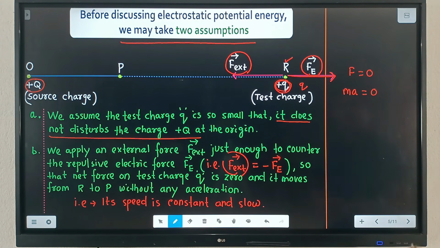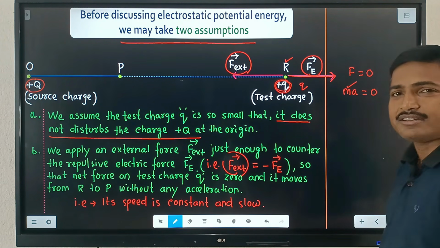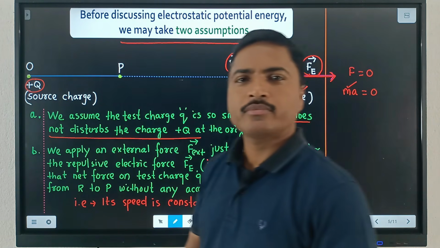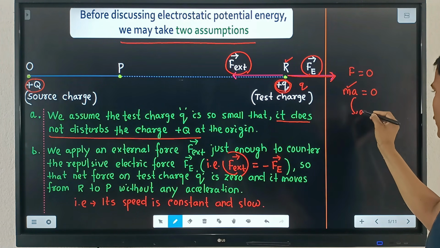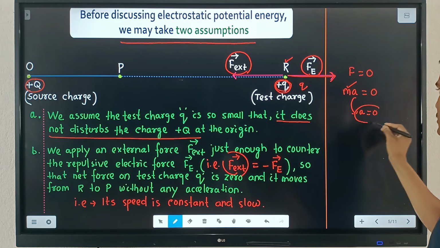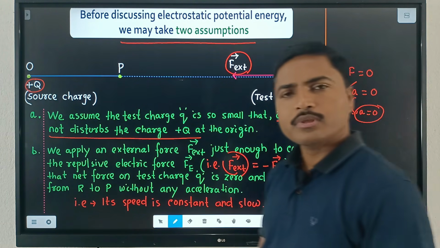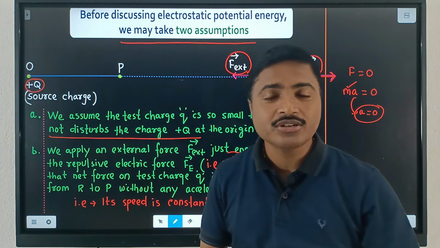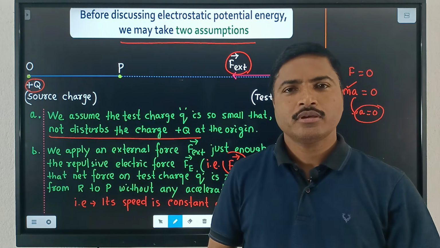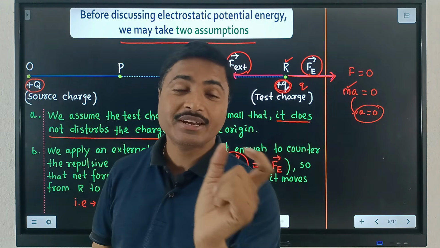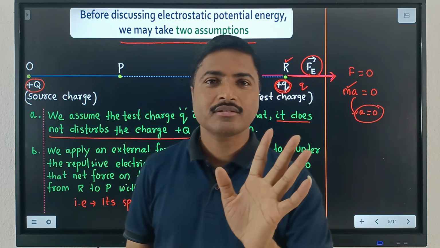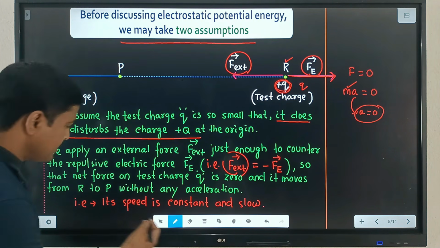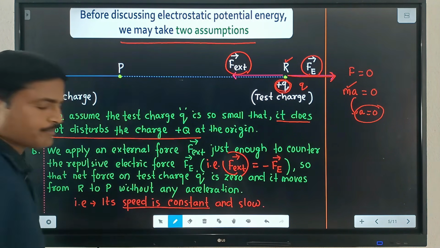But mass of a charge is not 0. Then from this expression we write acceleration is equal to 0. If acceleration is 0, you know, velocity always remains constant. Here we write speed remains constant.